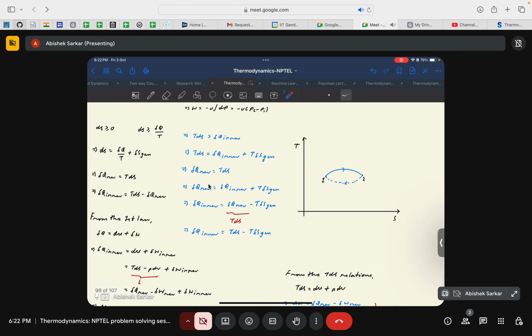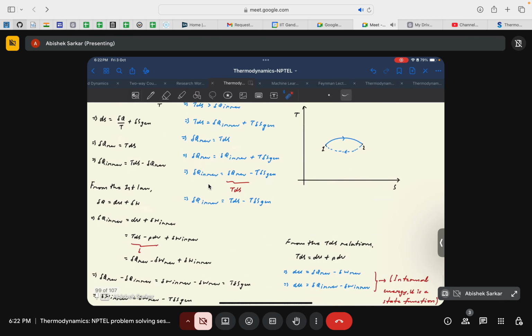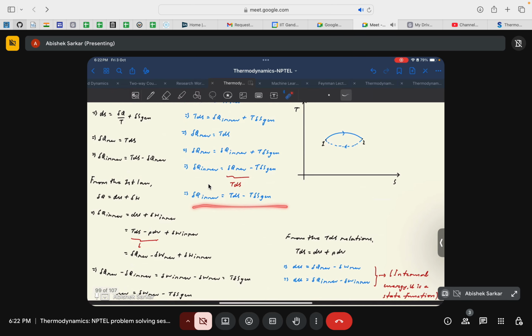So we can replace this TdS by del Q reversible here, so we can write del Q reversible is equal to del Q irreversible plus T times delta S gen, or we can replace del Q reversible again by TdS, so we can write del Q irreversible as TdS minus T delta S gen. So this is again an important equation.